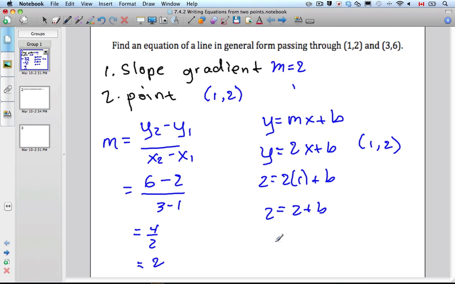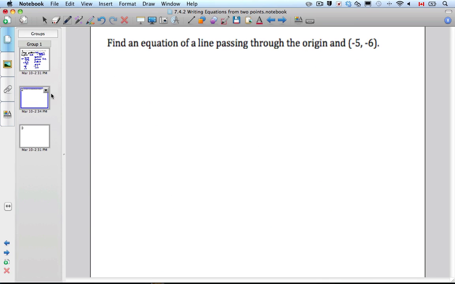What is our b? Subtract 2 from both sides, and b ends up being 0. So our equation is just going to be y equals 2x. Do we have to write the 0? Nah. Okay, great. Next one.